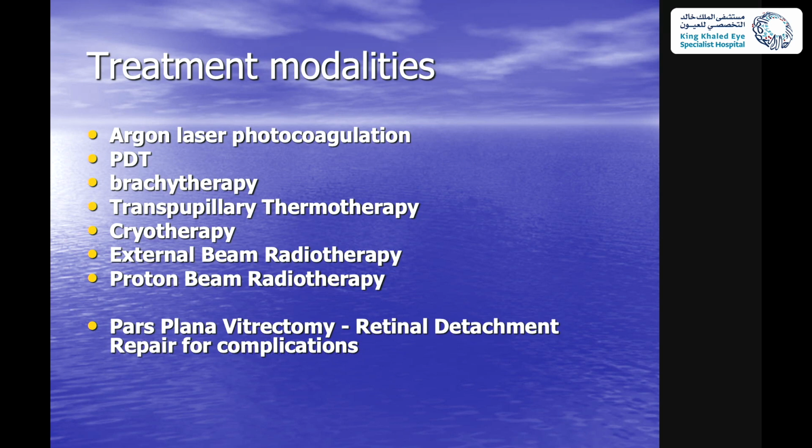So you have argon, photodynamic therapy, brachytherapy. People have also tried transpupillary thermal therapy, cryo, external beam radiation, and proton beam radiotherapy, as our patient had the external beam radiation. And pars plana vitrectomy has been done, mainly if there is retinal detachment, and essentially to repair the complications.